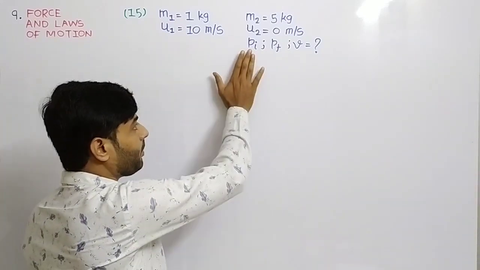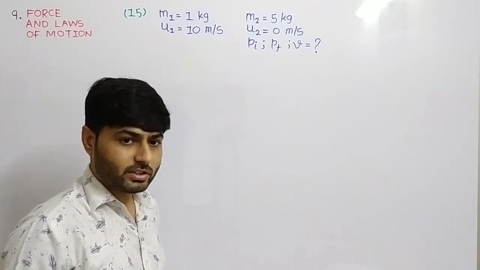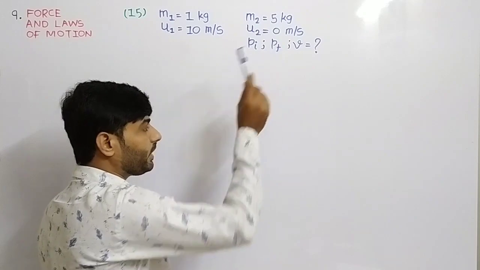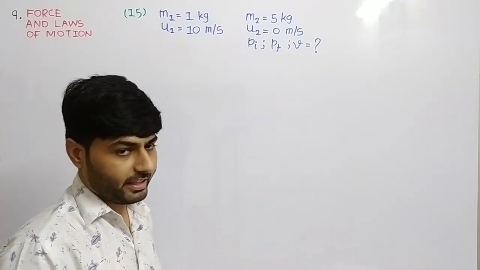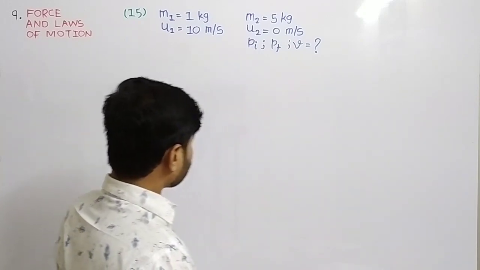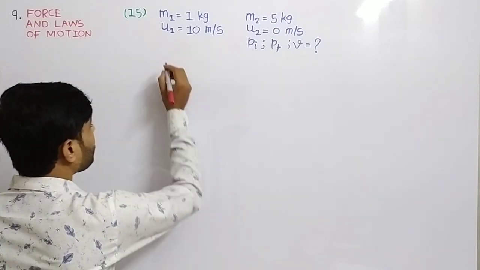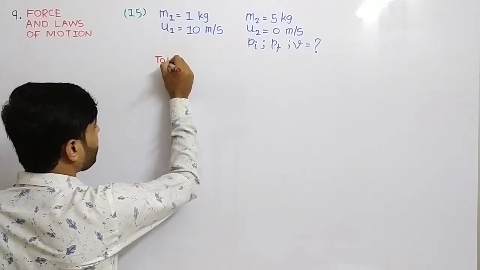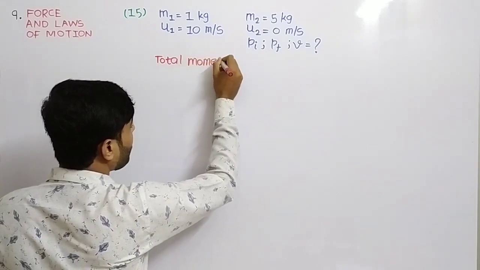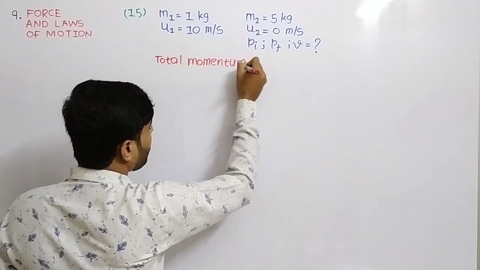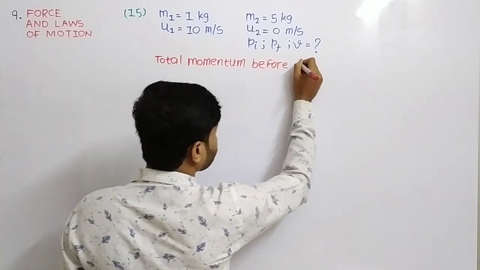Total momentum just before collision or impact, total momentum after impact, and velocity after impact. So I will write total momentum before impact.